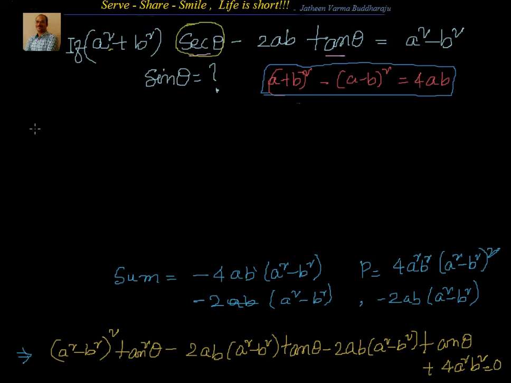Let's now factorize this. I can take (a² − b²) tan θ common.